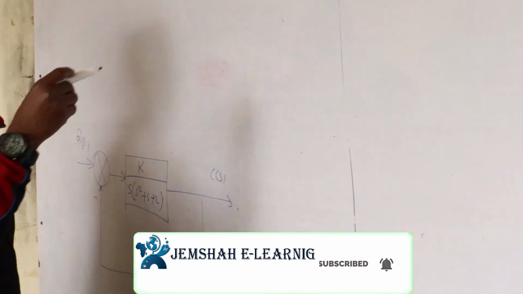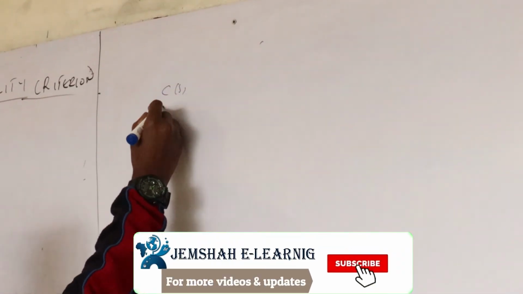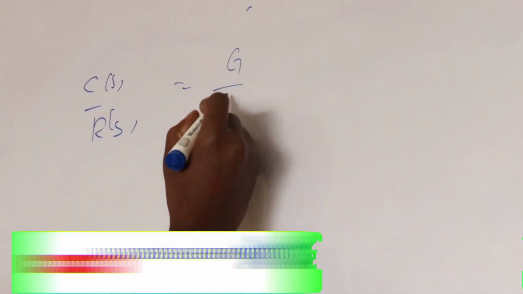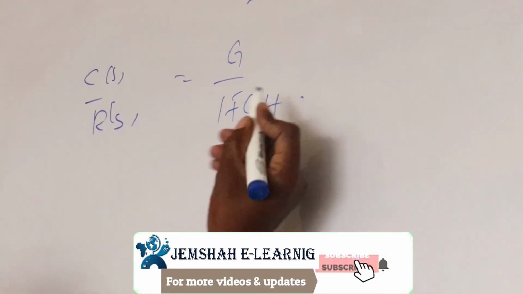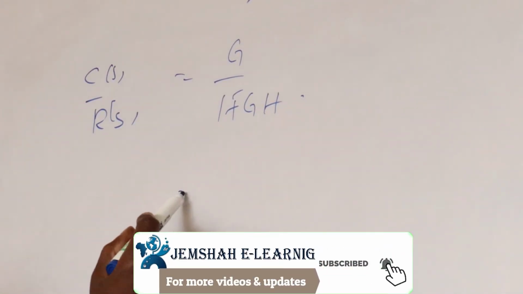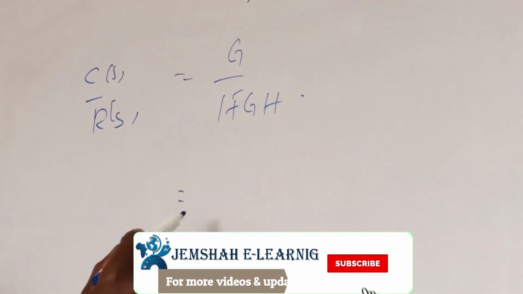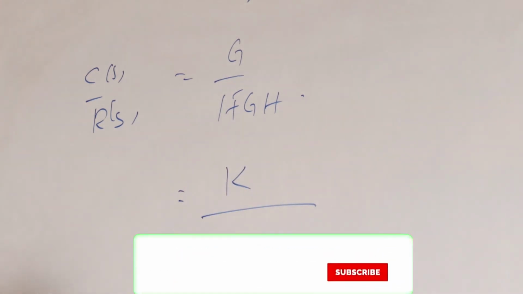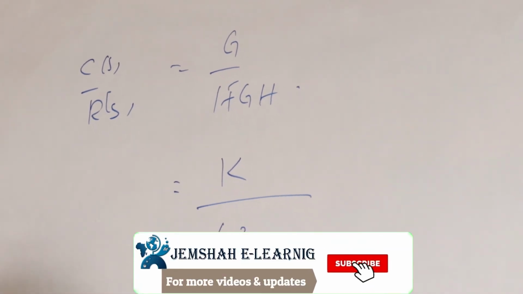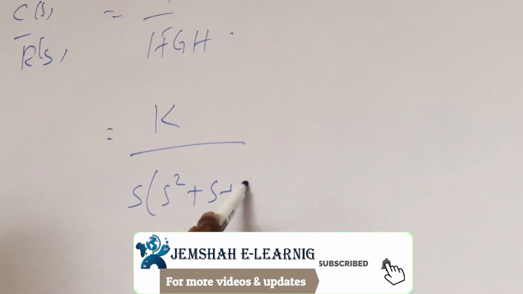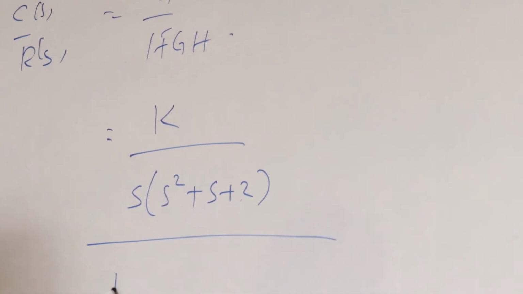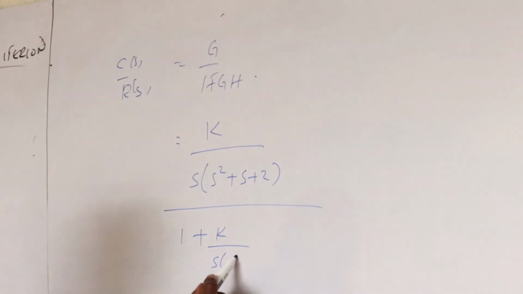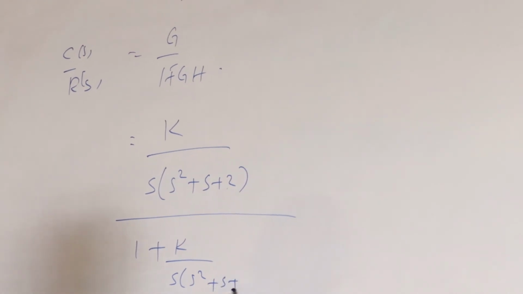So we have C of S all over R of S equal to G all over 1 plus GH. That gives us K all over S into S squared plus S plus 2, all over 1 plus K all over S into S squared plus S plus 2.